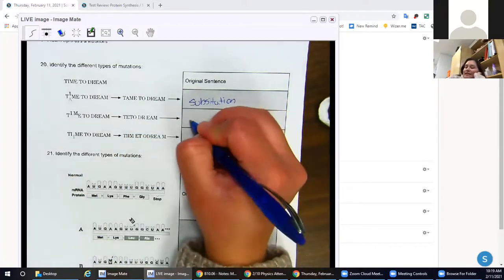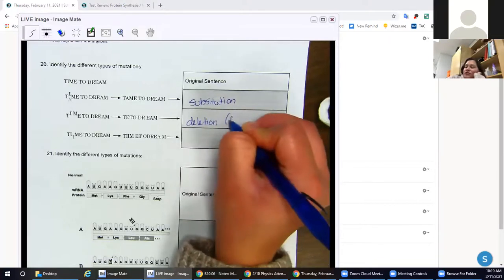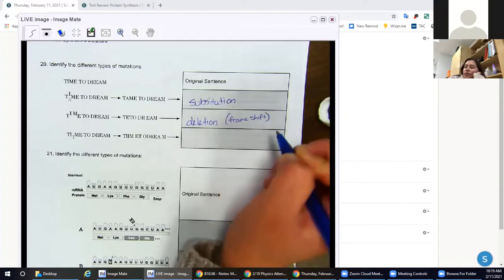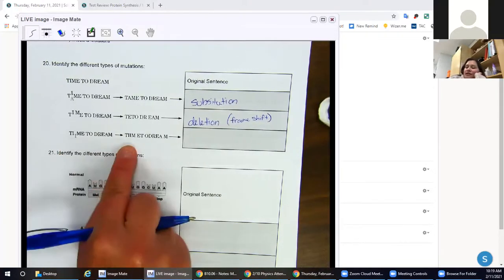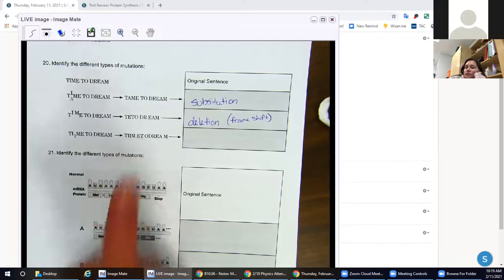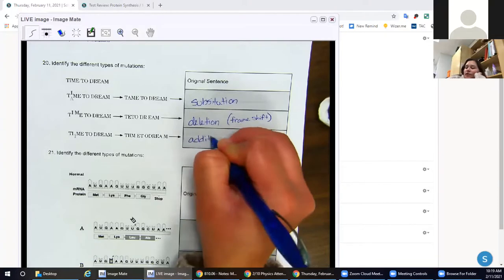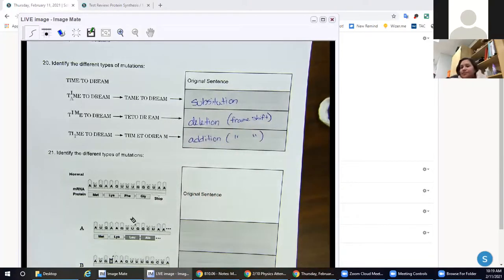That is deletion, which is a type of frame shift mutation. Time to dream, we're adding in that extra I, so it's team et o dream. That is addition. And that's another frame shift mutation.